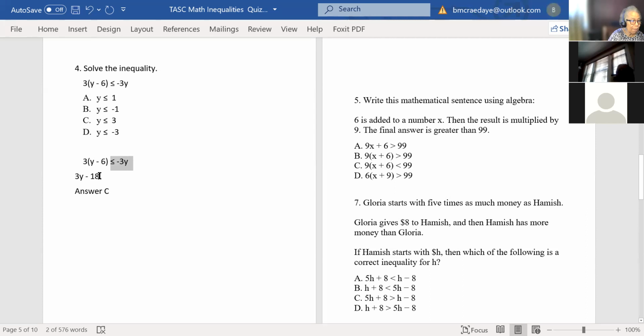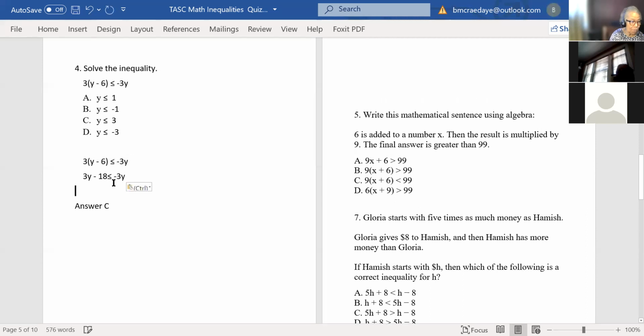Then you could just what? Subtract 3y from both sides. Yes. Subtract 3y from both sides. Okay.